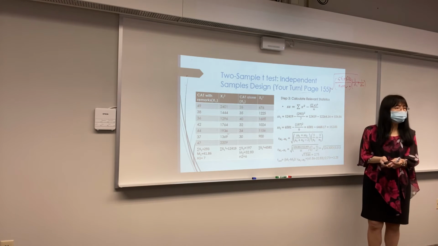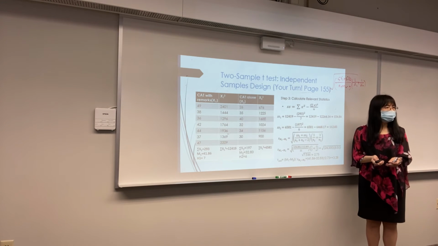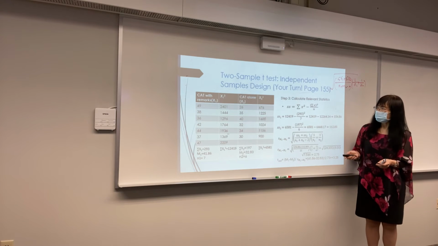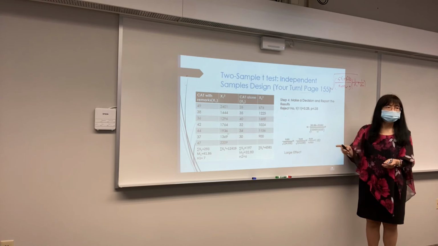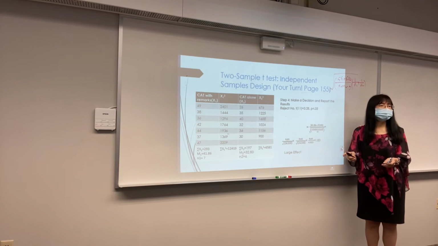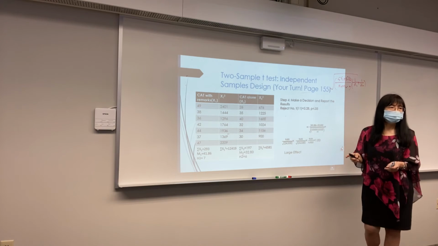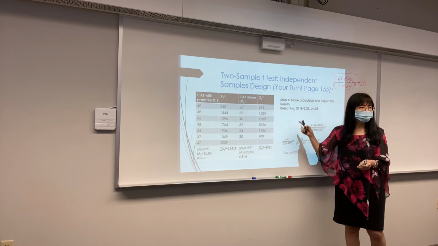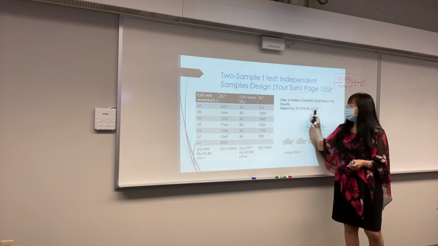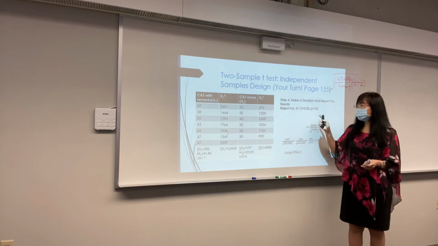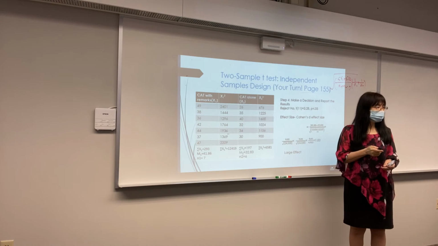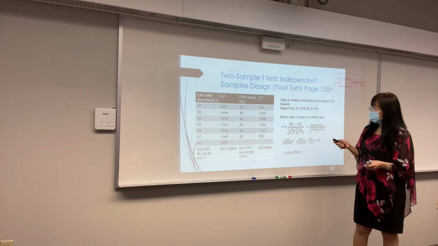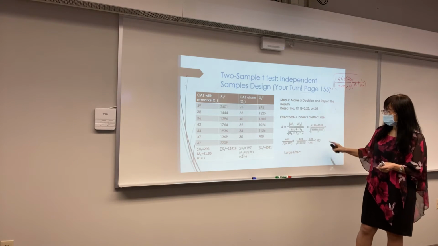We should reject, right? Because the obtained t is higher than the critical. Reject, and so p is less than 0.05. So then you have to do effect size. And that's how you do effect size, and you got it.